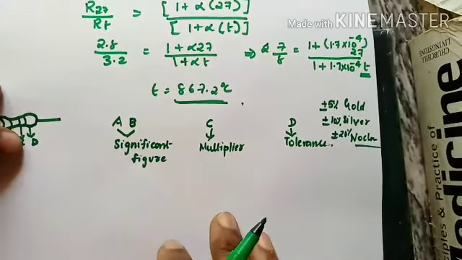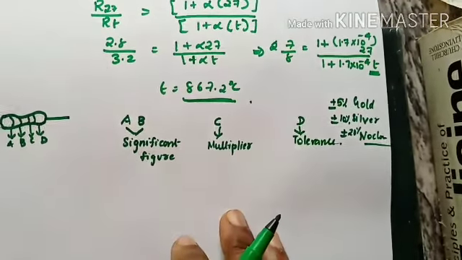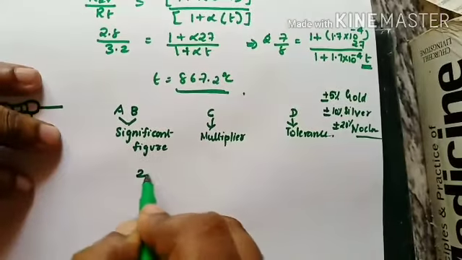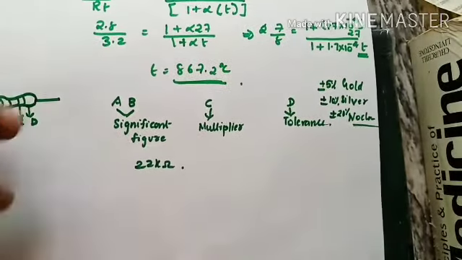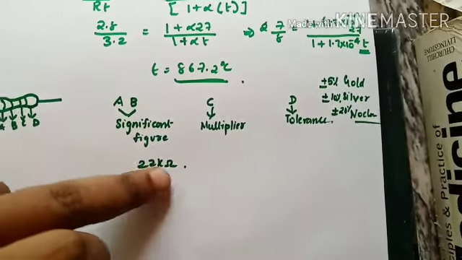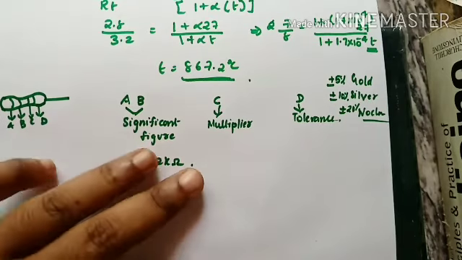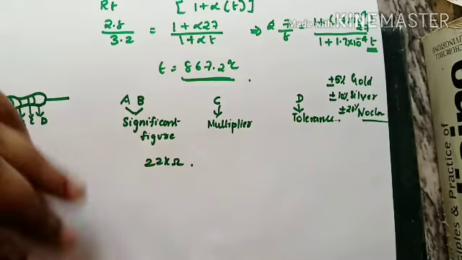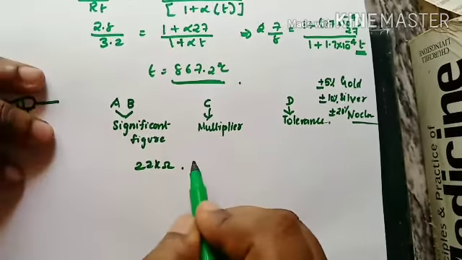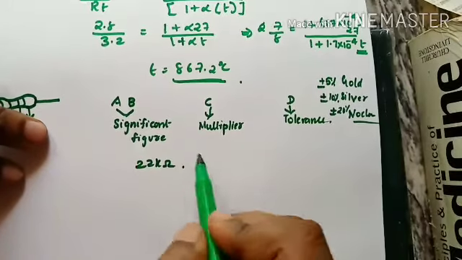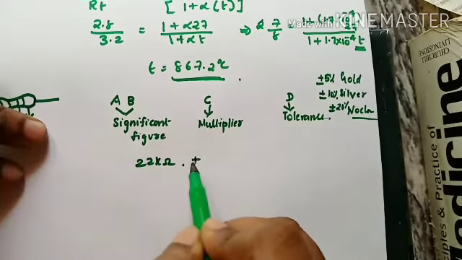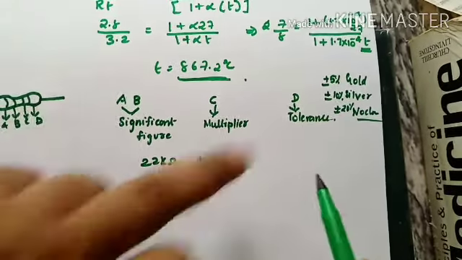That means, guys, if you commercially purchase a resistance of 22 kilo ohm, it doesn't mean that its resistance will always be exactly 22 kilo ohm. It can change slightly. Suppose that 22 kilo ohm resistor has a tolerance of 5%, that is, the last band is gold.